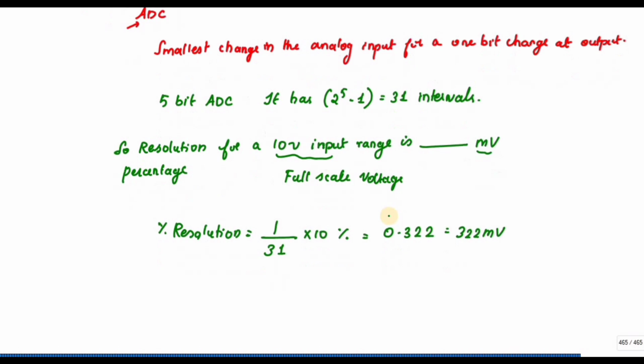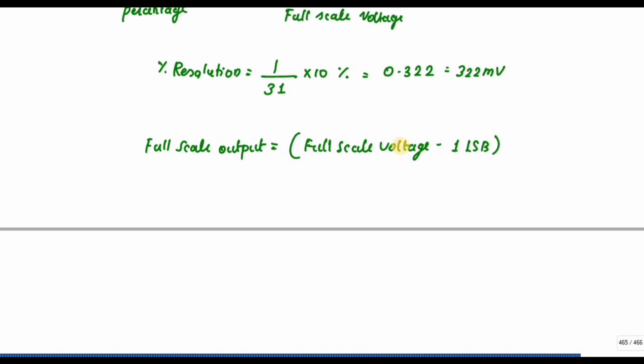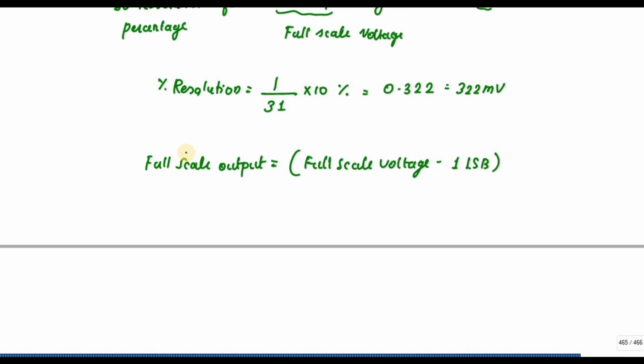In order to obtain the full scale output, the full scale output is equal to full scale voltage minus 1 LSB. So how to determine 1 LSB?